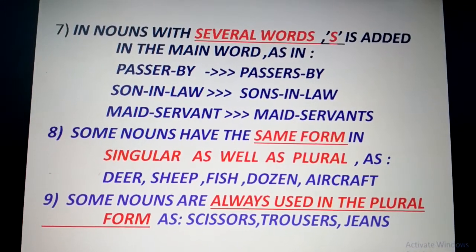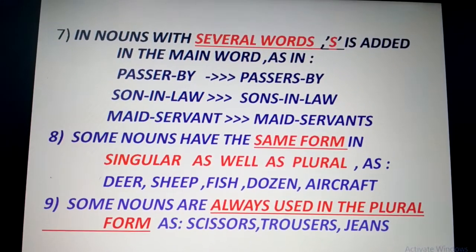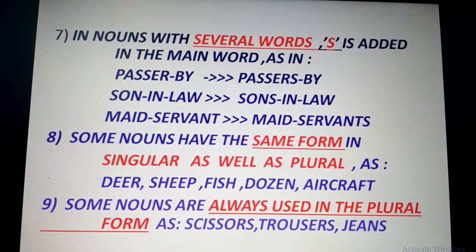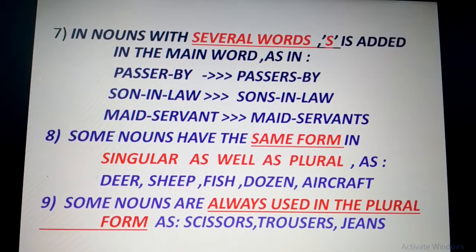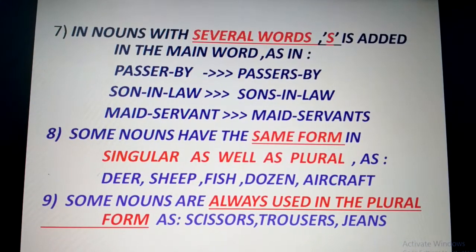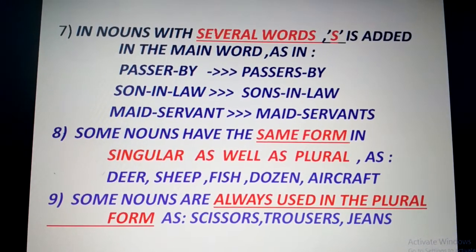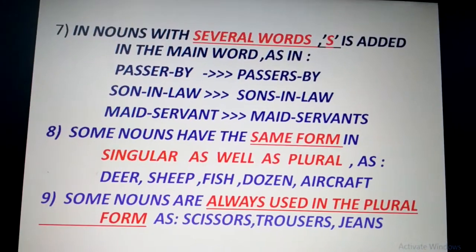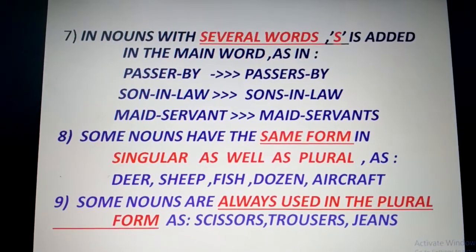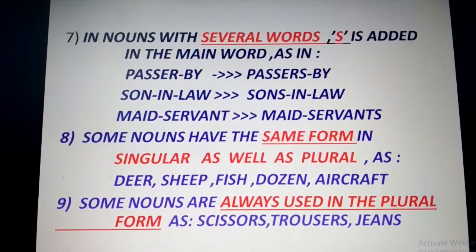Some nouns have the same form in singular as well as in plural, as in the words sheep, deer, fish, dozen, aircraft. Some nouns are always used in the plural form, as scissors, trousers, jeans.